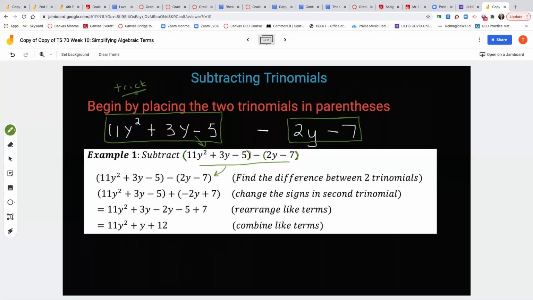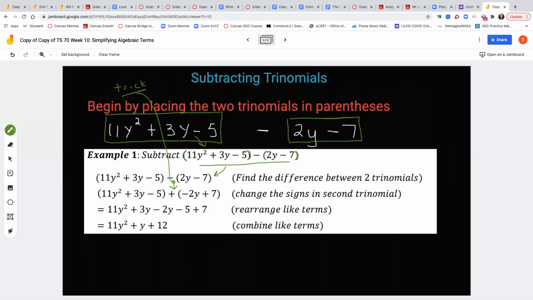And it happens right here. Here's the trick. I want you to watch this. We didn't have to do anything to the first one, but since we're subtracting this one, you take this minus and put it right next to the 2y, but you change this to an addition sign.